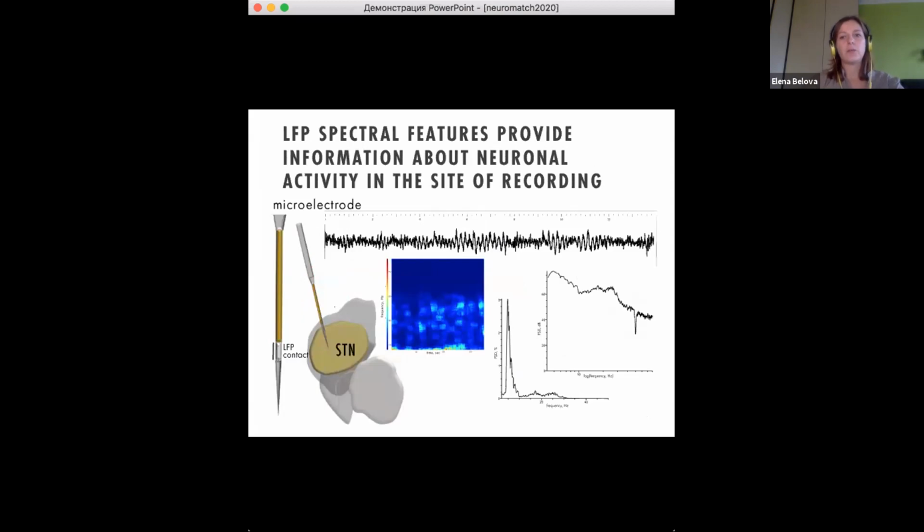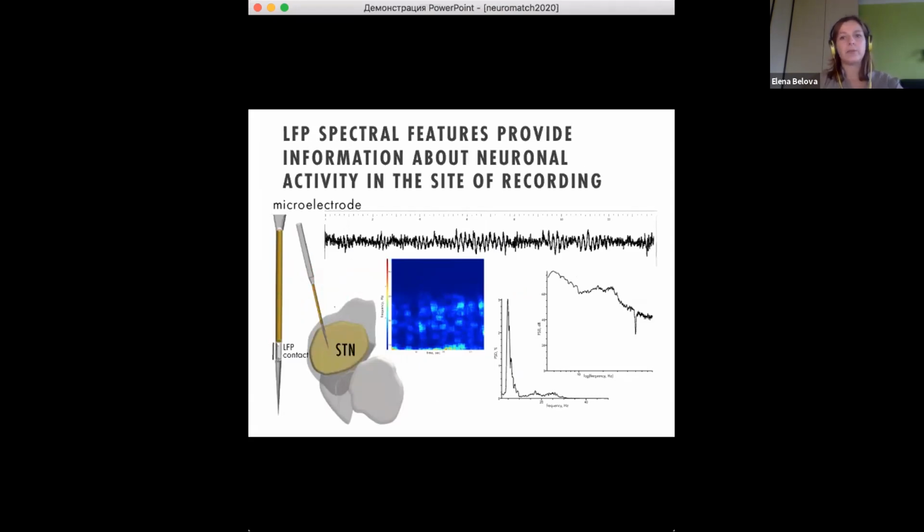Local field potentials are commonly used as they represent populational neuronal activity, and we can apply fast Fourier transform to plot the power spectral density, and the oscillations are shown as peaks on this spectra, and the amplitude of these peaks corresponds to the power of these oscillations.